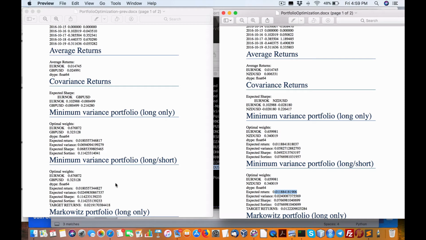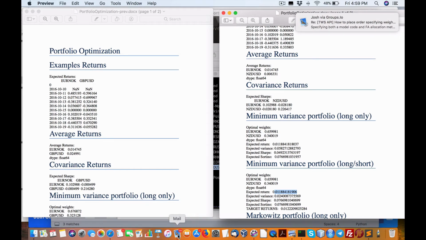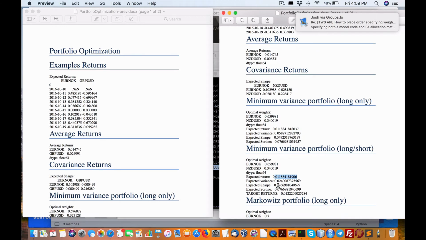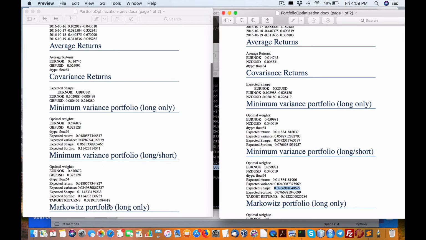So again, the other one of Euro Norwegian kroner with the British pound and USD is quite a bit higher. I won't say double, but it's quite a bit higher. And again, the expected Sharpe is 7.6, and that's long and short.